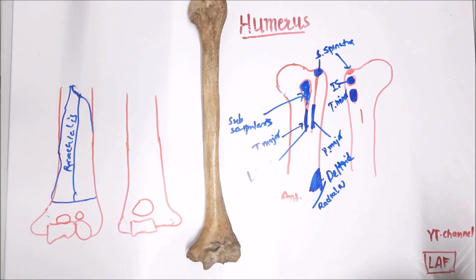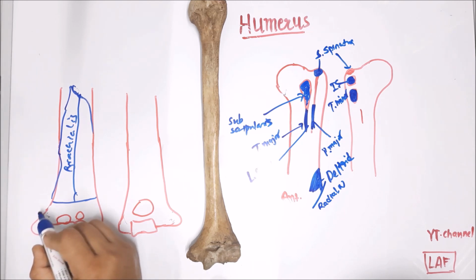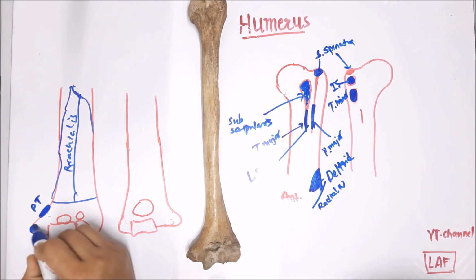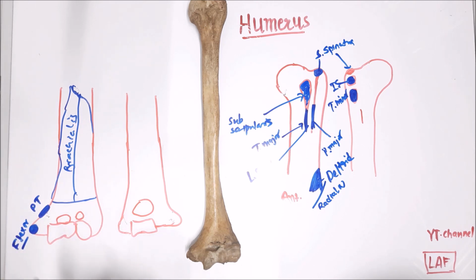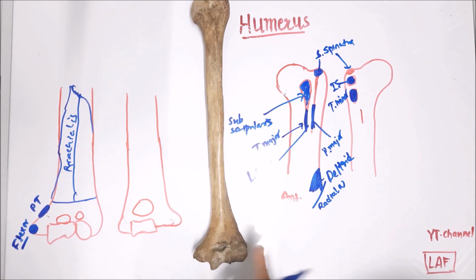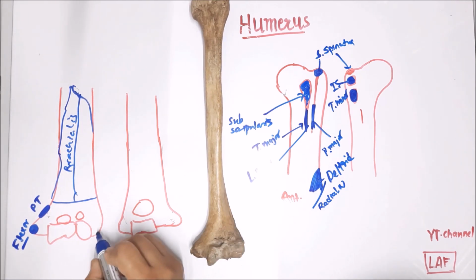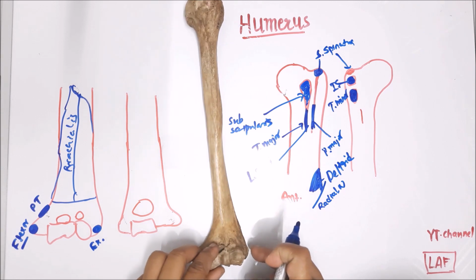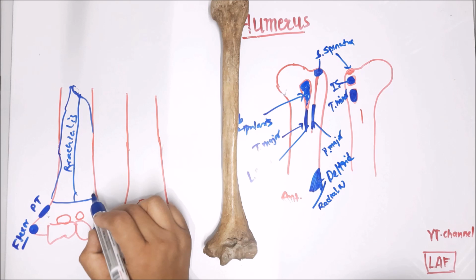Then on the medial supracondylar ridge, on the medial side, there will be the pronator teres, and on the medial epicondyle the common flexor origin arises from here, and pronator teres from here. On the lateral side, anteriorly, on the lateral epicondyle, there is the common extensor origin.